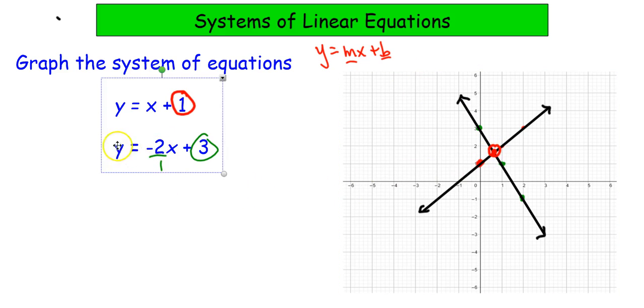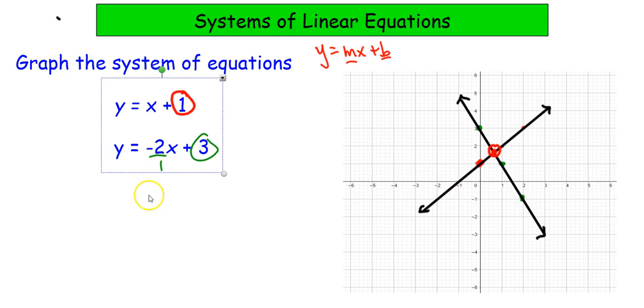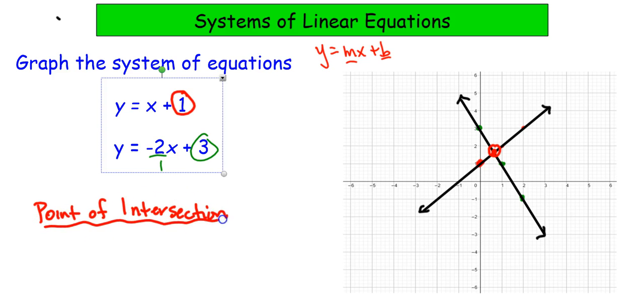You see we've graphed our two lines, they cross at a particular point, and that's the point we're really interested in finding. When we find that point of intersection, that's actually the solution to our system. The point of intersection gives us our solution.